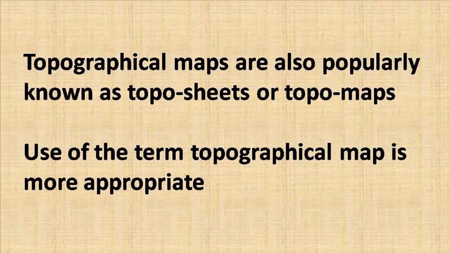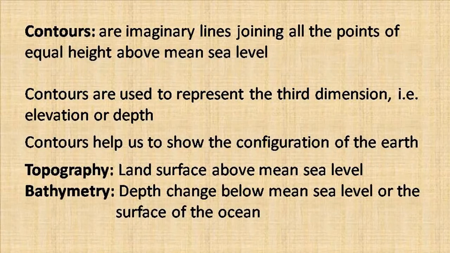The term topographical map is more appropriate as far as the use of topographical maps is concerned. Contours are imaginary lines joining all points of equal height above mean sea level. Thus, contours help us to show the configuration of the Earth.